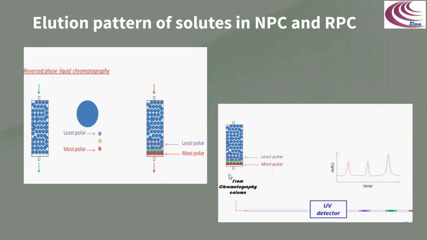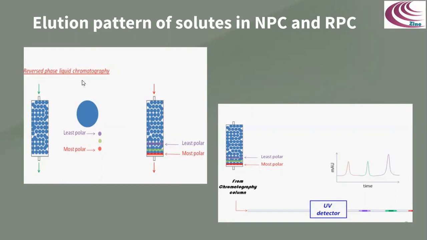Whereas the less polar or non-polar solutes interact more with the stationary phase and are retained for a longer time in the column. And it is exactly the opposite in normal phase chromatography.